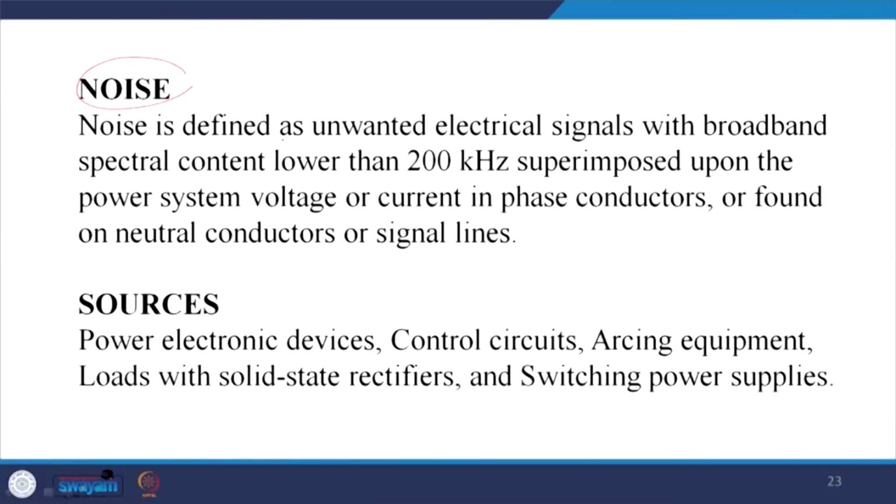Noise is defined as an unwanted electrical signal with broadband spectral content lower than 200 kilohertz. Because of the high frequency, its amplitude is quite low, but it may contaminate the system very well, superimposed upon the power system voltage and current in phase conductors or found in the neutral conductor and lines.